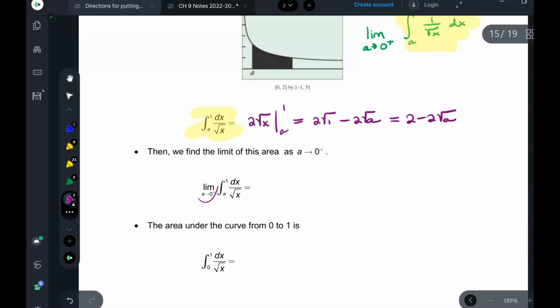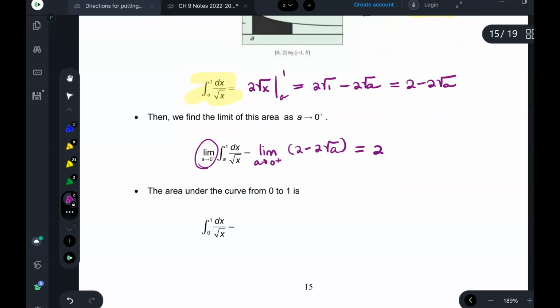And so now, as we take the limit of that, the limit as a approaches 0 from the right of 2 minus 2 root a, we get 2. Therefore, the area under the curve from 0 to 1 is equal to 2.